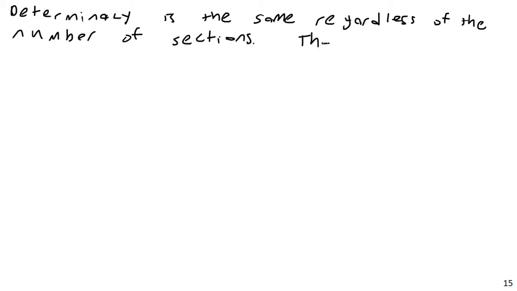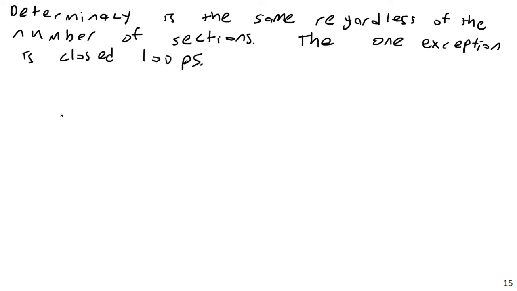The one exception is closed loops. So imagine you have something like this. Now, I don't know why you would build a frame like this. It's a kind of goofy looking frame, but it does illustrate the idea fairly simply.